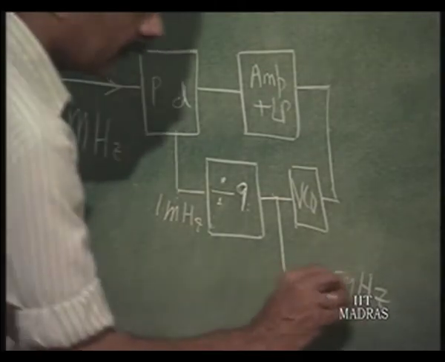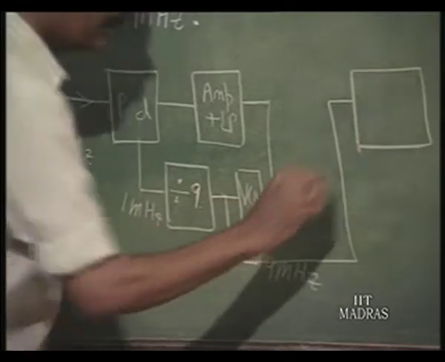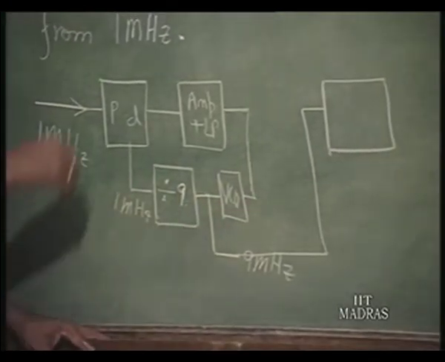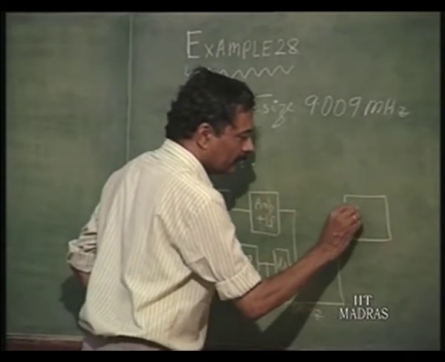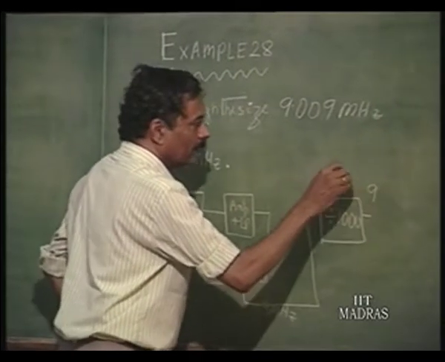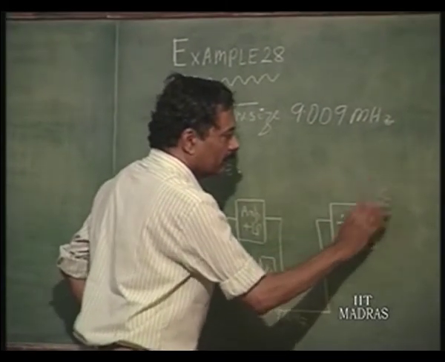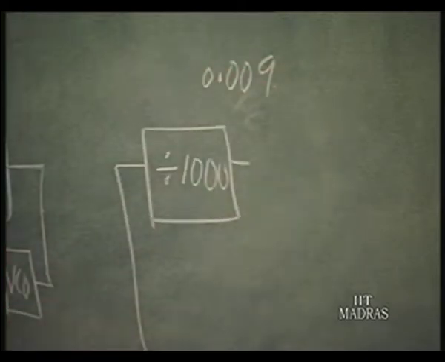Now, this 9 megahertz is going to be used, and using let us say 3 decimal counters, divide by 1000 can be done. So, you get 0.009. Okay.